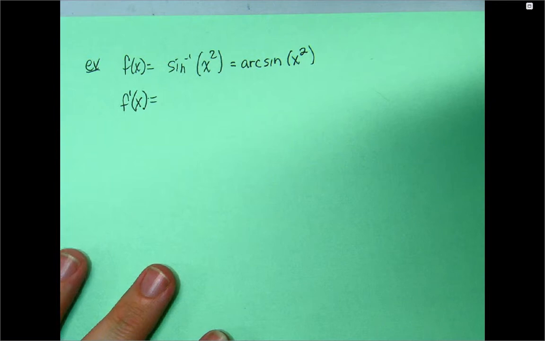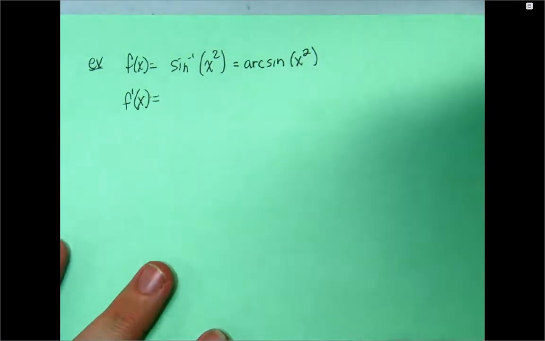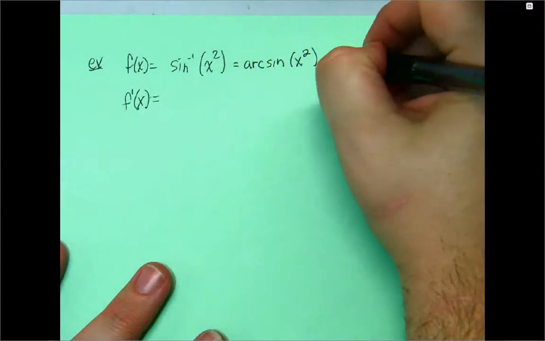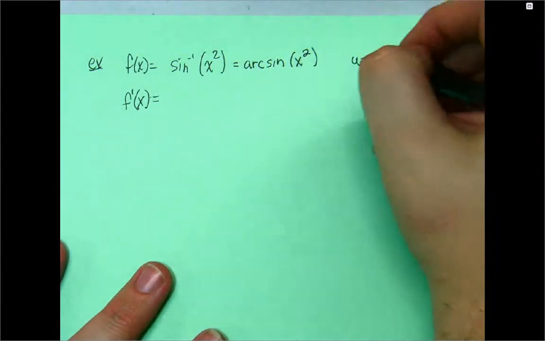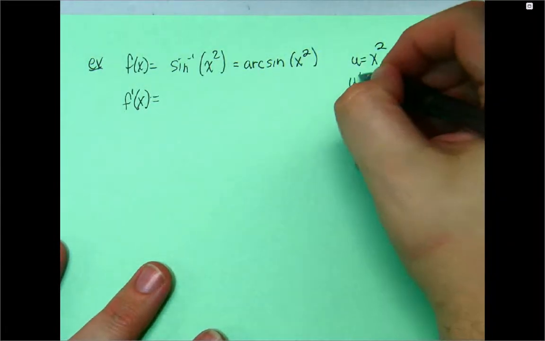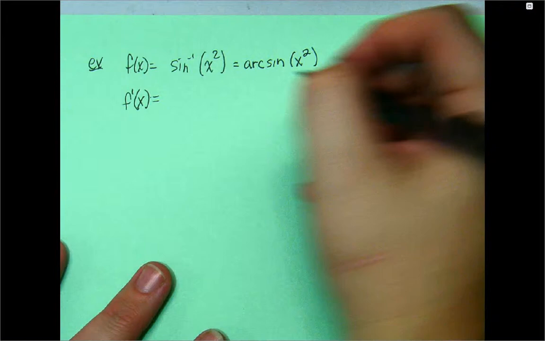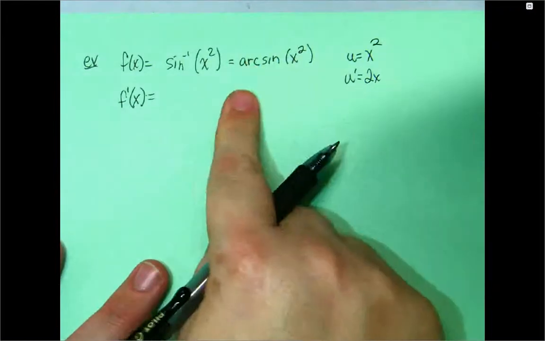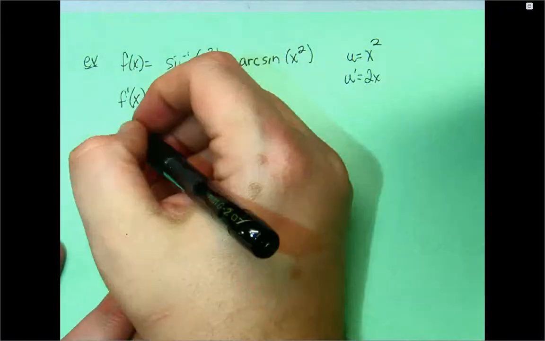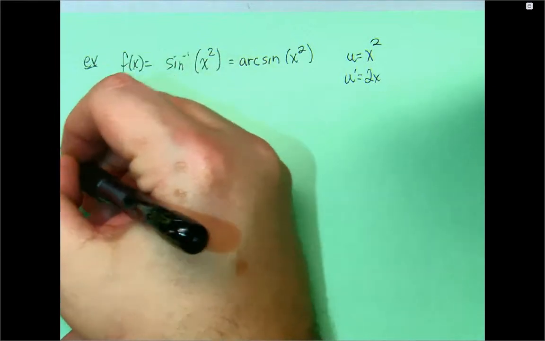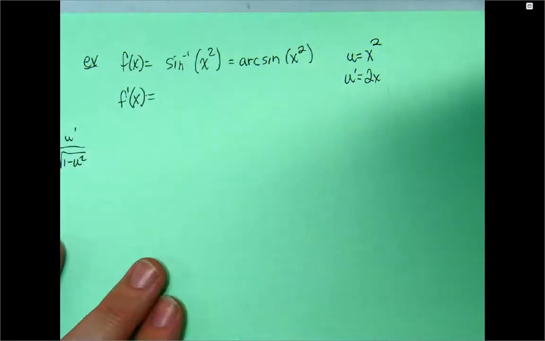There he is. Now, whenever you're working with these and any other functions, what's my u value? It's x squared. So what's u prime? 2x. Now, if we go to our rules, the derivative of the arc sine is what? u prime over the square root of 1 minus u squared.